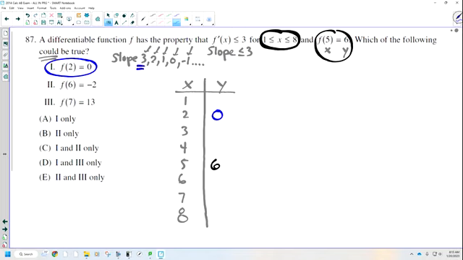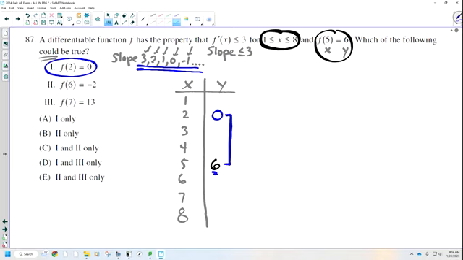Keep in mind, I can have any one of these as my slope, as long as it's not bigger than 3. So what's the difference between 6 and 0? It's 6.